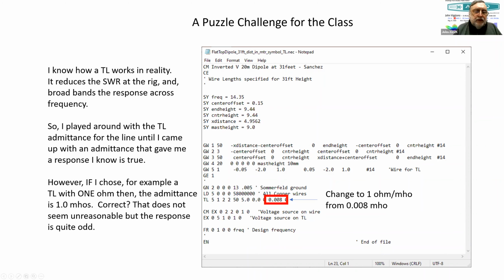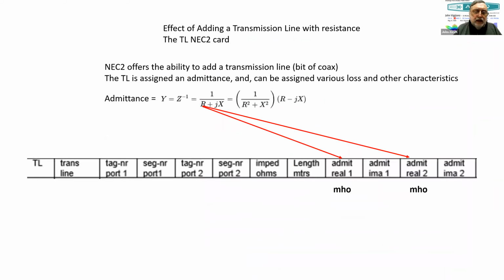If you could back up to the format for the TL card, please. You bet. Okay, there we go. So this does assume that you have a lossless transmission line, because you can only put in your characteristic impedance in ohms.